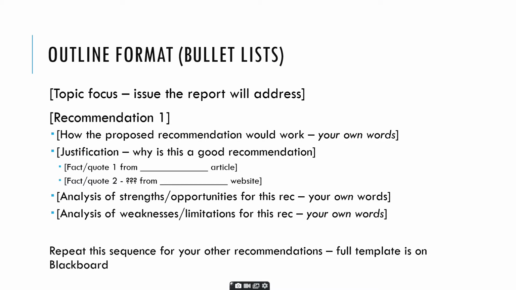What I want to do right now is go over some of those parts of the outline and what you can expect. The official title is Progress Report number 2, but it's really just a mechanism for you to give me the outline. So what I would like you to do as it relates to this report outline is to tell me, mostly in your own words, though with a couple of checks to your sources as relevant, what you're thinking as far as these recommendations go, right?